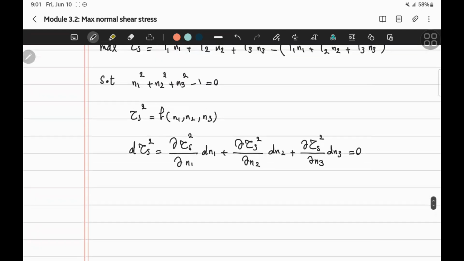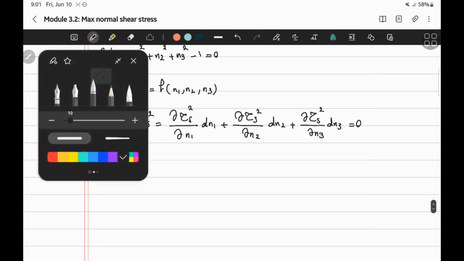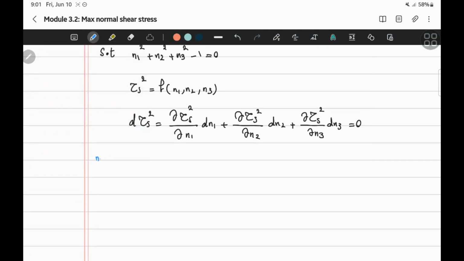So if I have my n1 squared plus n2 squared plus n3 squared minus 1 is equal to 0, and I take the derivative of this expression, I get 2n1 dn1 plus 2n2 dn2 plus 2n3 dn3 is equal to 0.